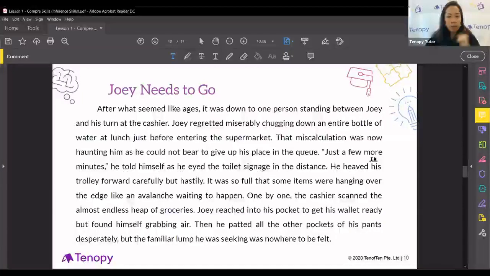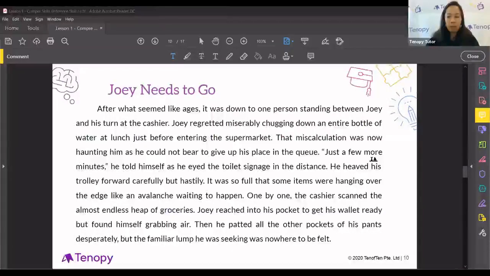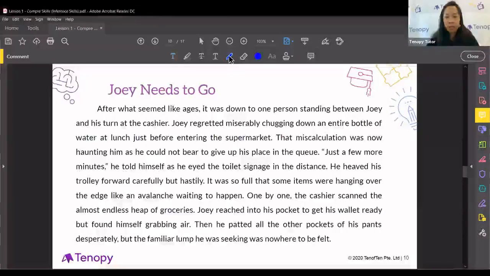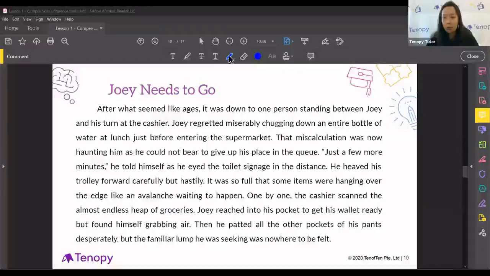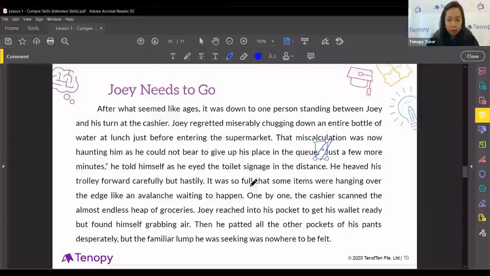But don't worry, this is just a really short passage here called Joey Needs to Go. Does anybody want to come to the microphone to read this for me? Just raise your hand. Akil can read half of it. Is Akil the only one who wants to read? Xingtian wants to read too. Then Hongjie wants to read too. The three of you are perfect. Now I'm going to split this into 3 parts so that each of you can take one part.